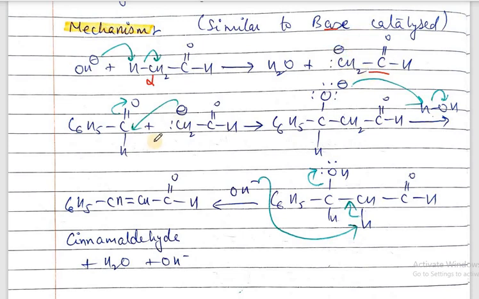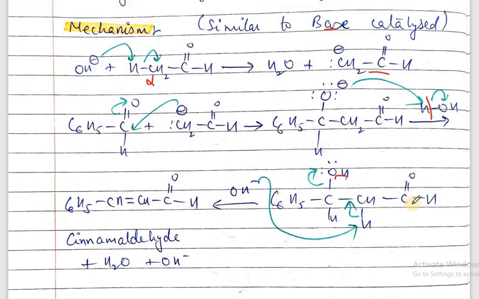Now this attacks the carbonyl carbon, these electrons move to this, and this gets attached to this carbon, and we get this O negative and CH2, C double bond OH. Now this oxygen abstracts hydrogen from the water and we get the OH group, and the rest is the same.